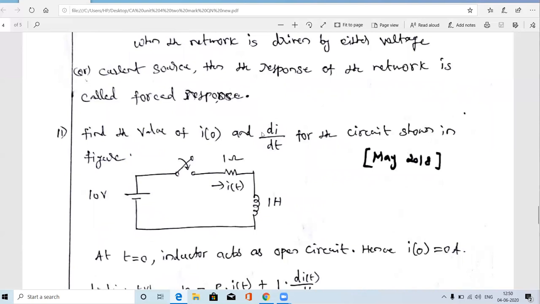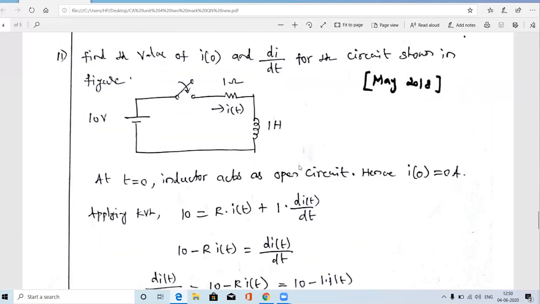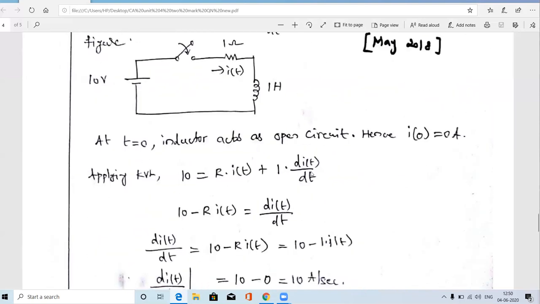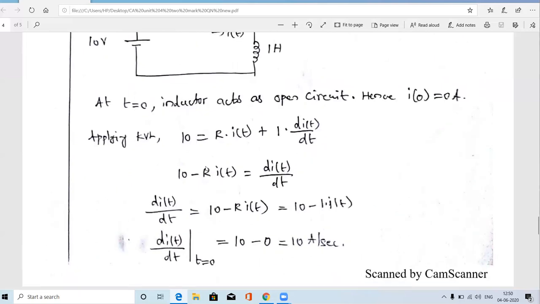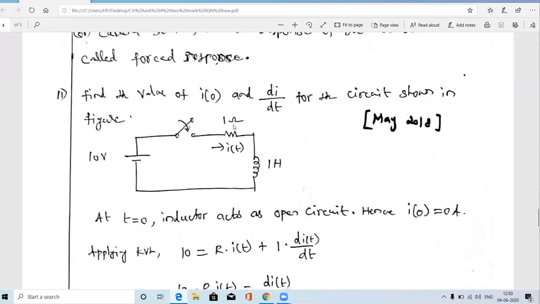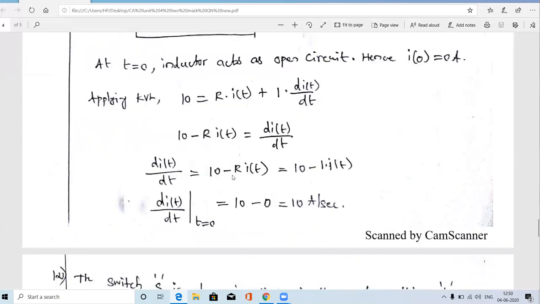Our question is to find the value of di(t)/dt, so we rearrange: 10 minus R into i(t) equals di(t)/dt. Now substitute the value of R, which is 1 ohm. So di(t)/dt equals 10 minus 1 into i(t).